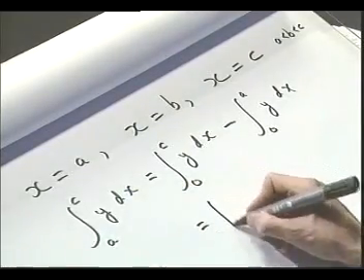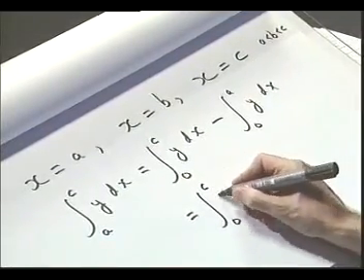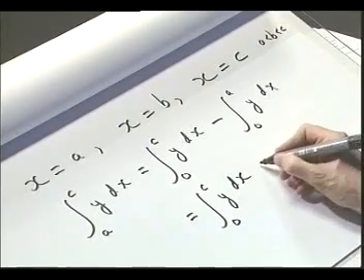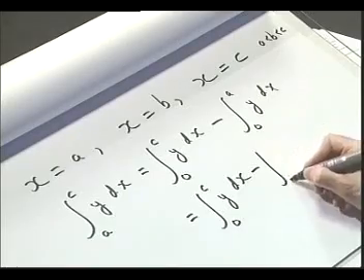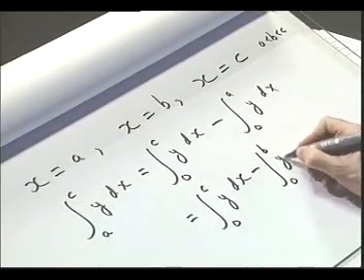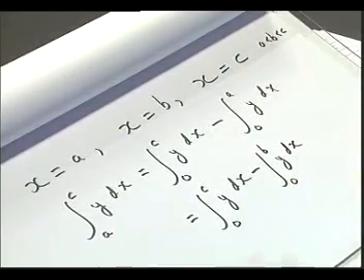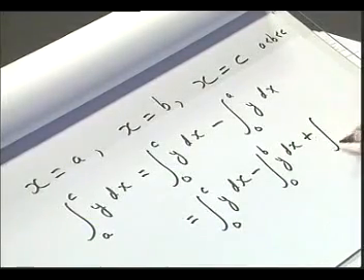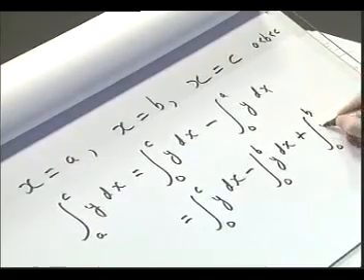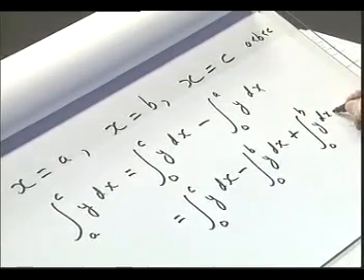Equals, well, let's introduce the ordinate b now by taking away that area. If I've taken it away, let's add it on in order to keep the equality the same.